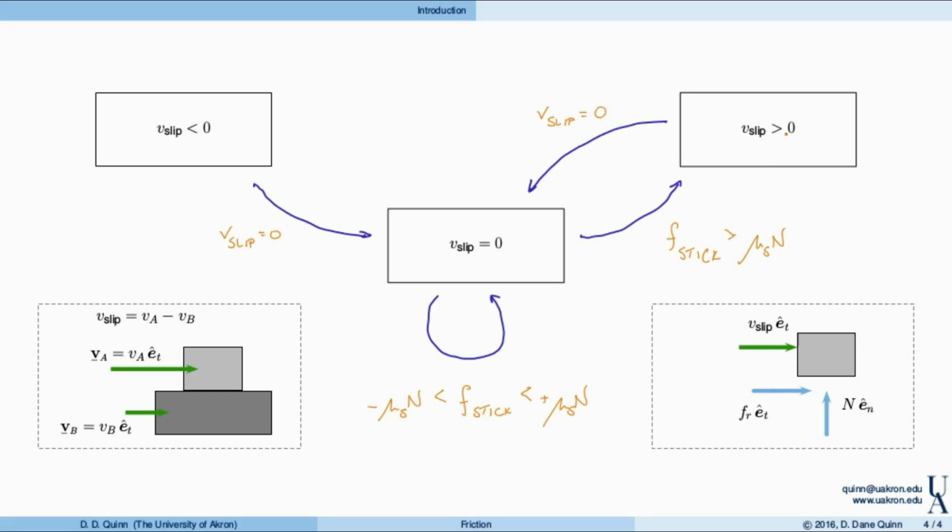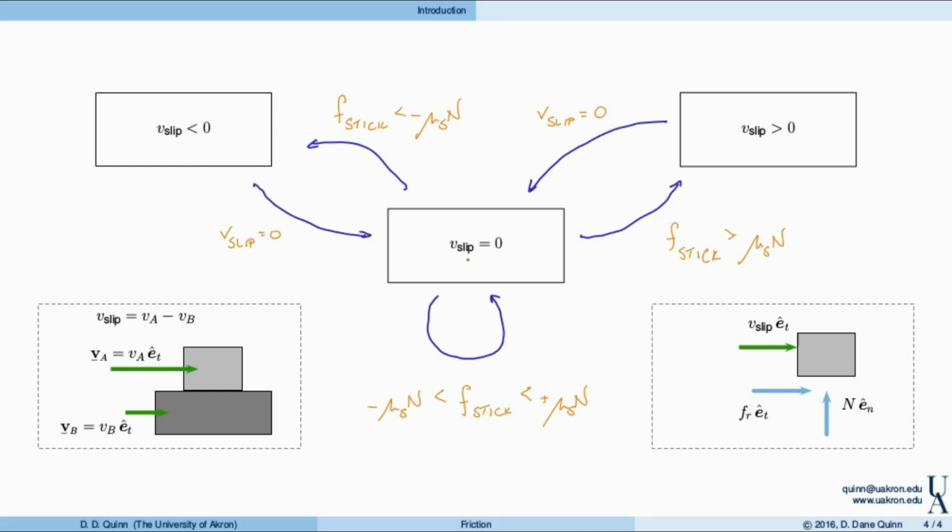So V slip would be positive. Likewise, if the sticking force is less than minus mu s times N, then the block would begin to slide to the left.